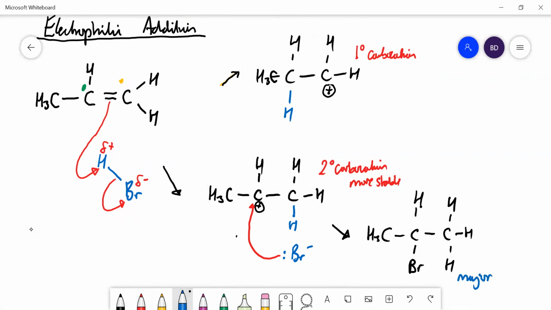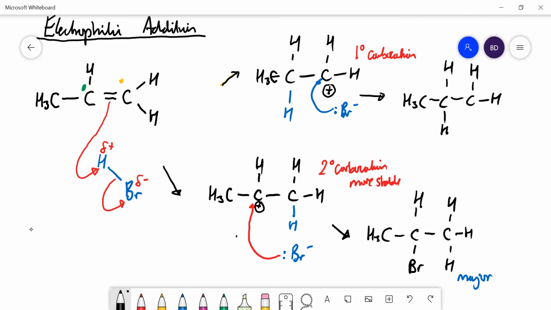The other one, which goes through the primary carbocation, you get less of. The bromine goes onto that carbon there, and you're going to get 1-bromopropane, which is the minor product. You get less of that.